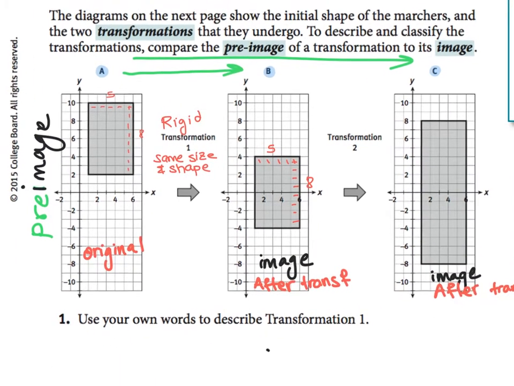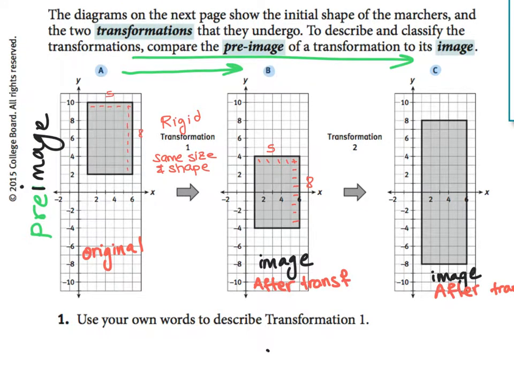Now if you look at figure C, it's still a rectangle, however I can see that it's stretched, it's bigger than the original figure. So in this case, we call this transformation a non-rigid transformation, because it did not maintain the same size. It's still a rectangle, but it's a different size rectangle.